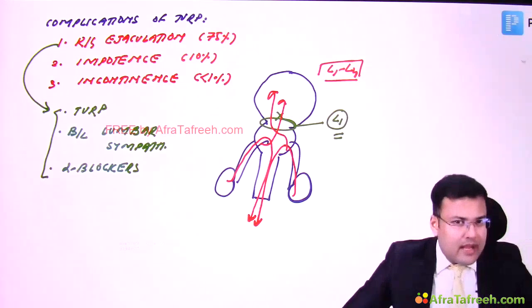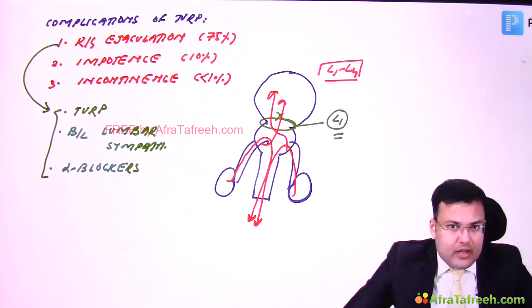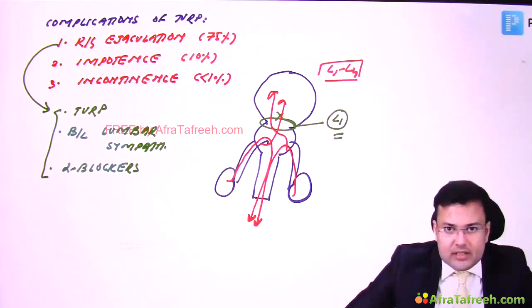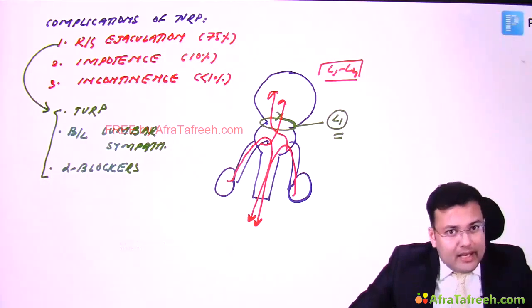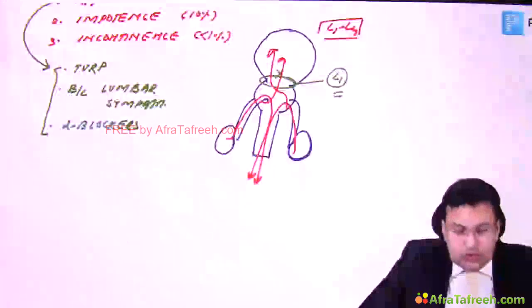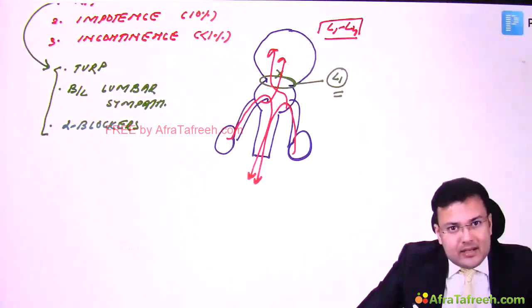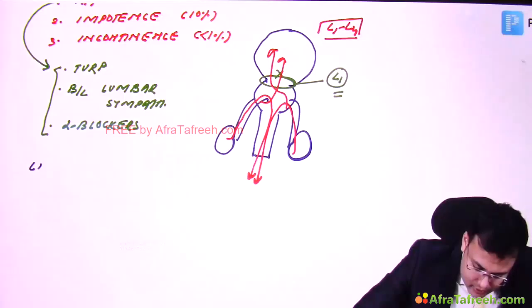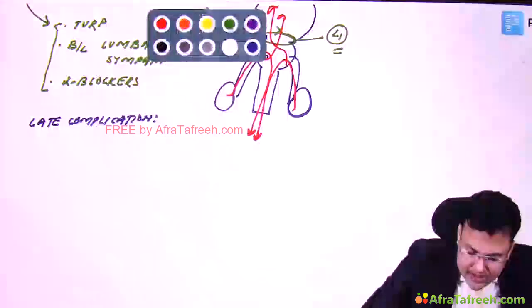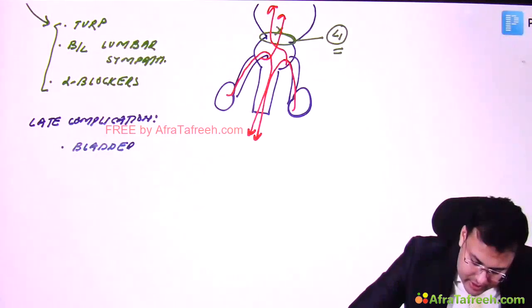Clear? Long back in All India, Toughest All India 2012, this question was asked: what is the most common late complication? The most common late complication is bladder neck stenosis. So, late complication. Read the question carefully. Most common late complication is bladder neck stenosis.